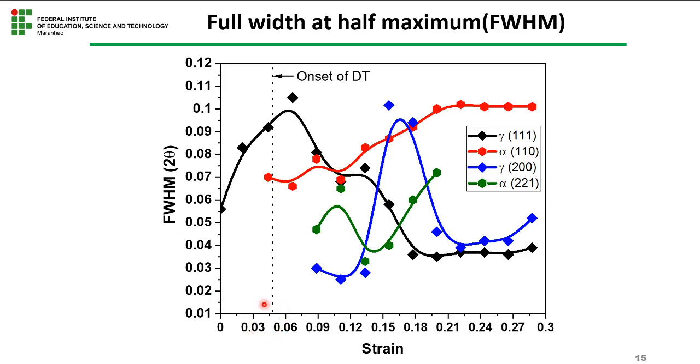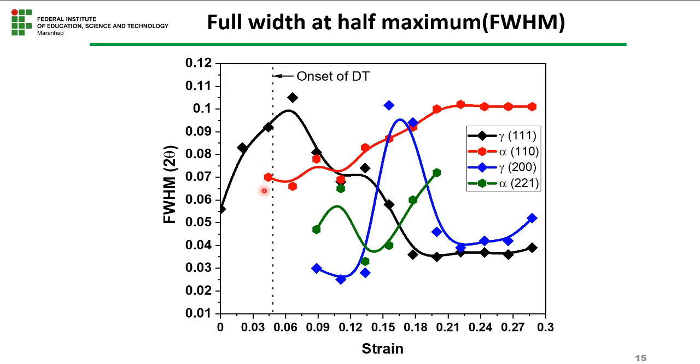As the strain continued to increase, we had at the beginning only austenite. The FWHM increased, which means that this austenite is work hardening, and the work hardening is the onset, the driving force for the initiation of dynamic transformation.